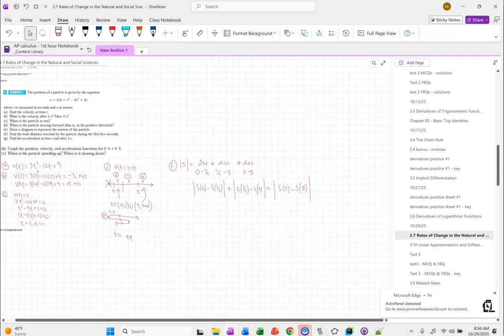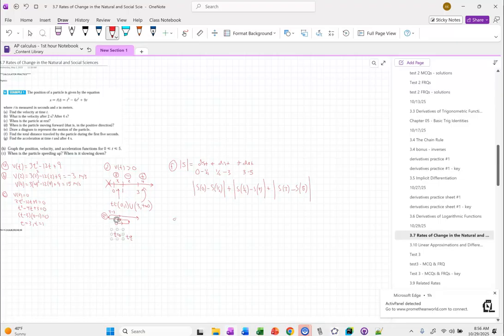And then G, find the acceleration at time t after 4 seconds. So how do I find acceleration? Second derivative, or the first derivative of velocity. So what's the equation for acceleration? 6t minus 12.